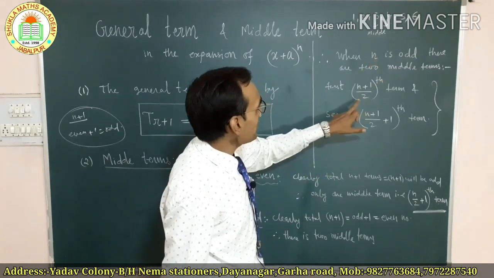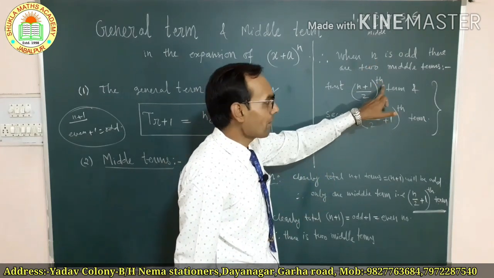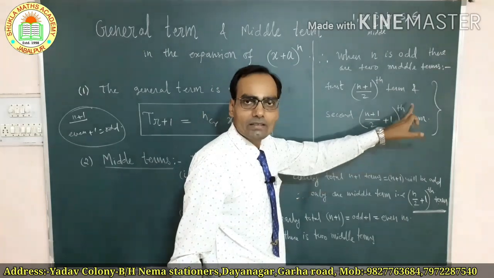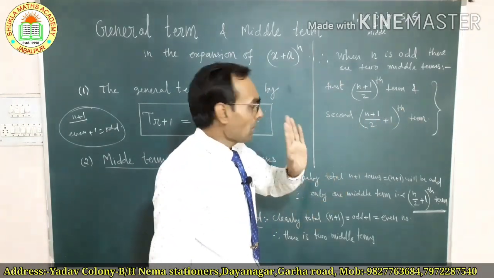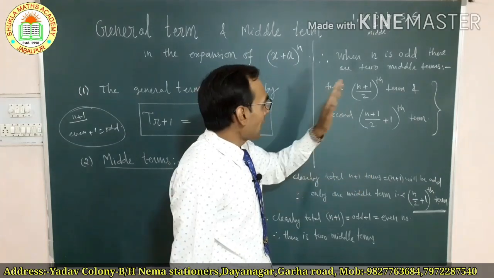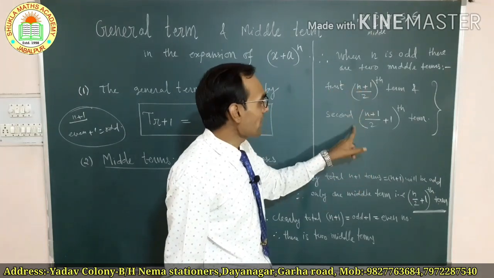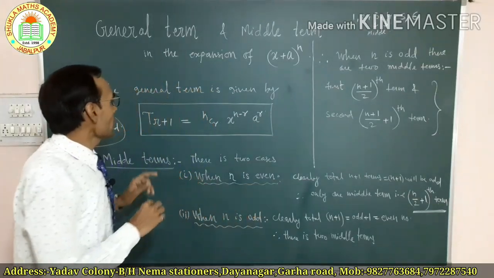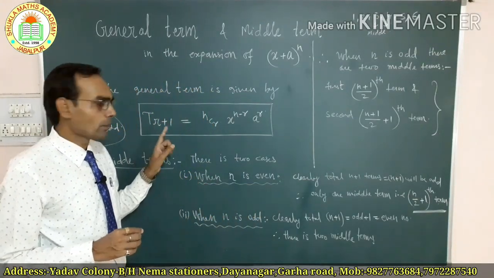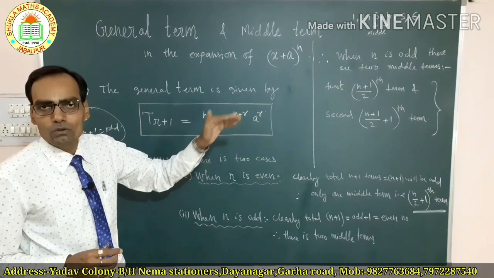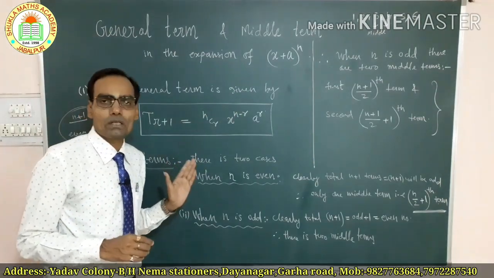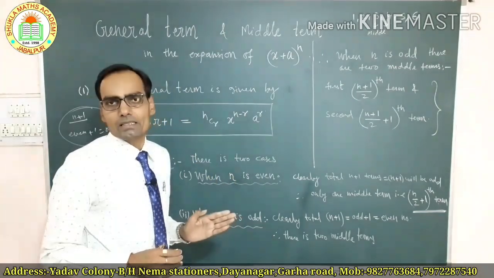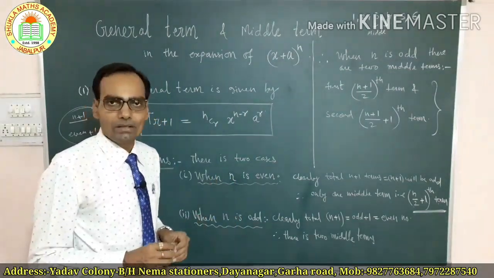The first one is the ((n+1)/2)th term, and the second is the ((n+1)/2 + 1)th term. We can easily find these two middle terms by putting the value of n, and then use the general formula of the binomial theorem to find both terms. So that is the concept of general term and middle term, and we will discuss more by taking an example.